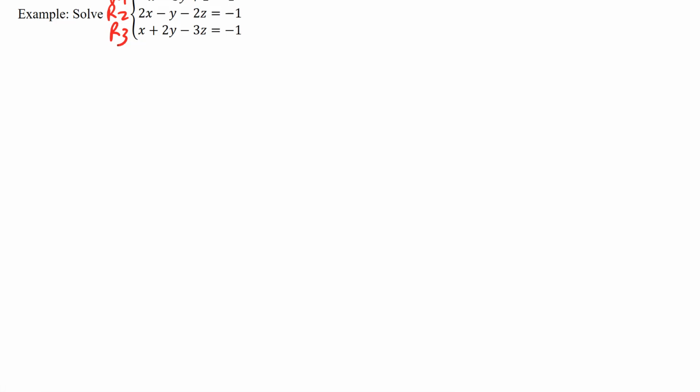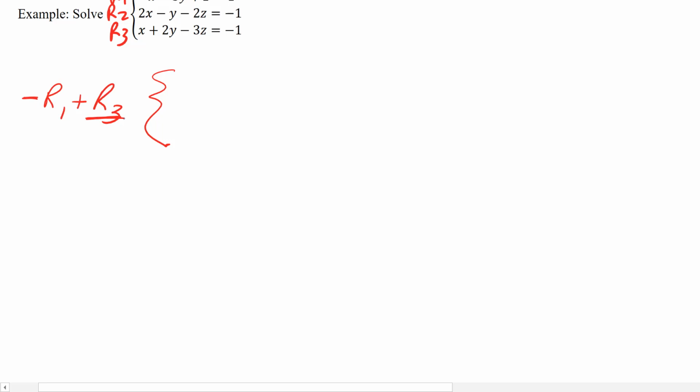To do that, we could add the opposite of the first equation to the third equation, and that would cancel the x in the third equation. So that's what I'm going to do. I'm going to say negative r1 plus r3, and r3 is going to be this new equation.